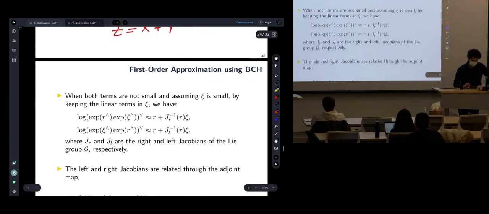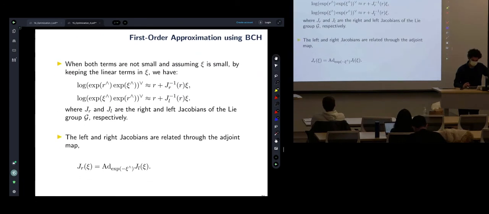Now, the actual problem is, what if both terms are big? Then we're screwed, you can't drop anything. But luckily, that's not the case, because if you remember, when we optimize, we are perturbing using a delta, a d, that is small.